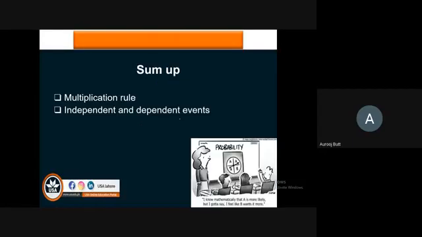Okay, so we can just sum up what we have studied in today's lecture. Firstly, we studied conditional probability. Simply, if an event A or B has already occurred and you need to compute the probability for another event, then it's defined as conditional probability.